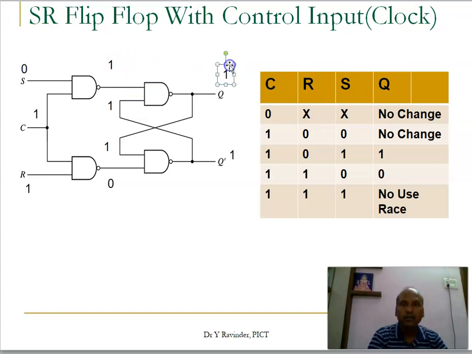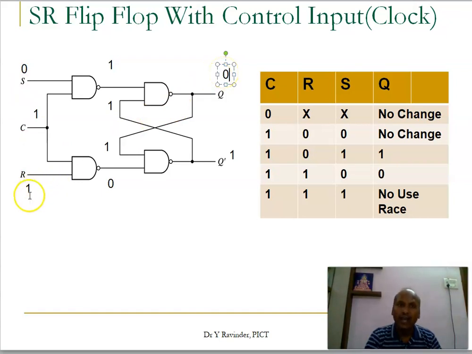Look at this: this is 0, 1, and this is 1, this is 1, so it becomes 0. So look at this. When the C is 1, S is 0, and reset is 1, this becomes 0.